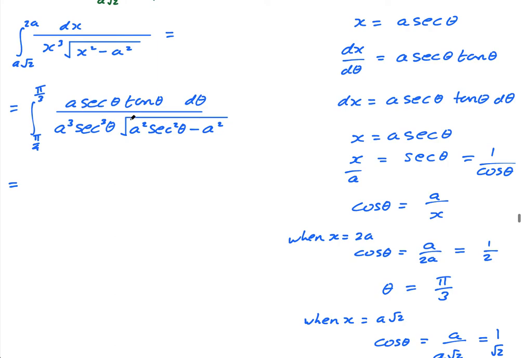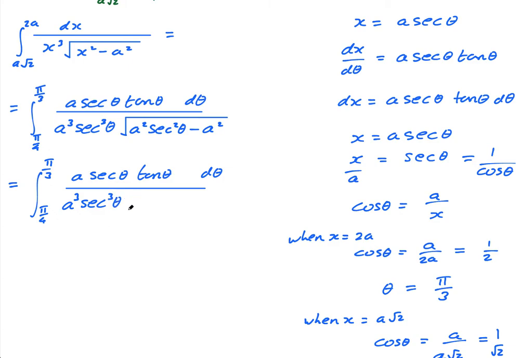Well, look, this is equal to the integral of pi over 4 to pi over 3. And I'm going to write this out again. A sec theta tan theta d theta all over a cubed sec cubed theta.